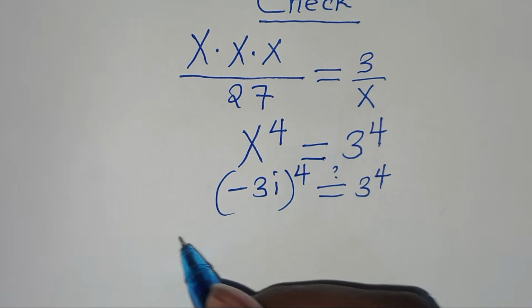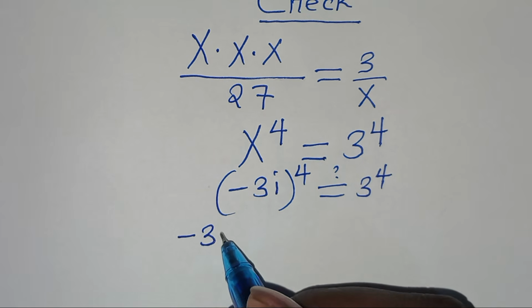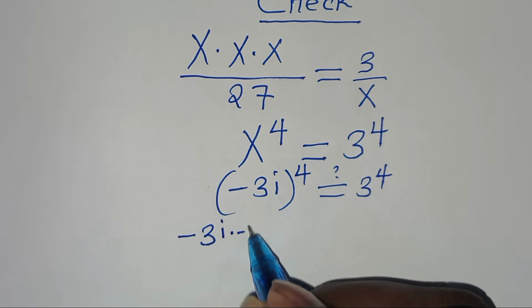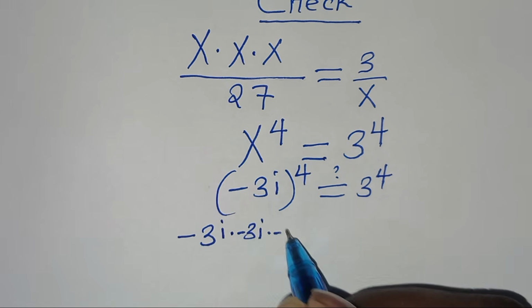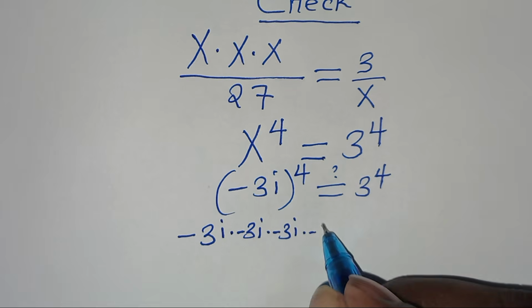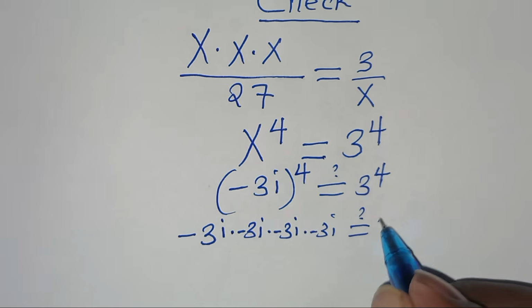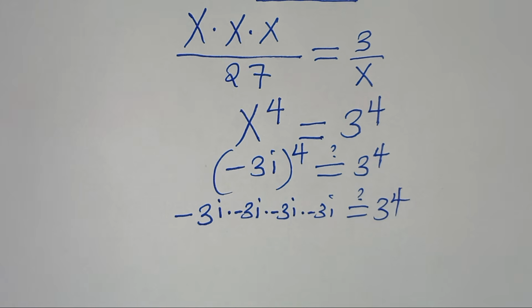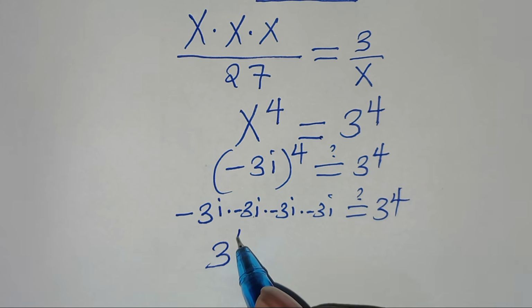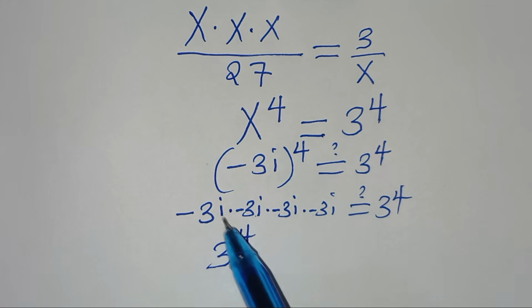So this is the same thing as negative 3i times negative 3i times negative 3i times negative 3i. This should be equal to 3 to the power of 4. So this is negative 3 times negative 3 times negative 3 times negative 3. This becomes 3 to the power of 4 multiplied by i times i.